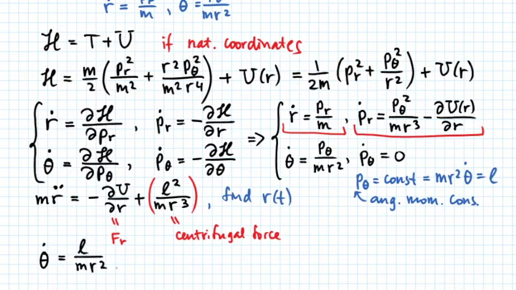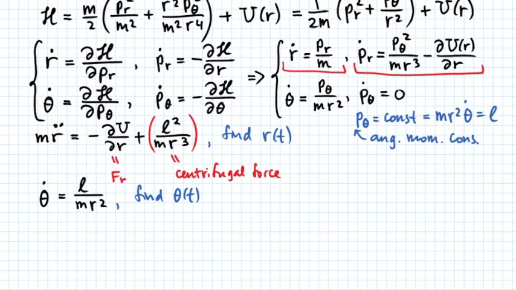That equation we can use to find theta as a function of time. A closer look at the radial equation shows us that we now have one-dimensional motion subject to a conservative force. In other words, this equation represents 1D motion in r. The original potential is modified because now we also have the centrifugal force.